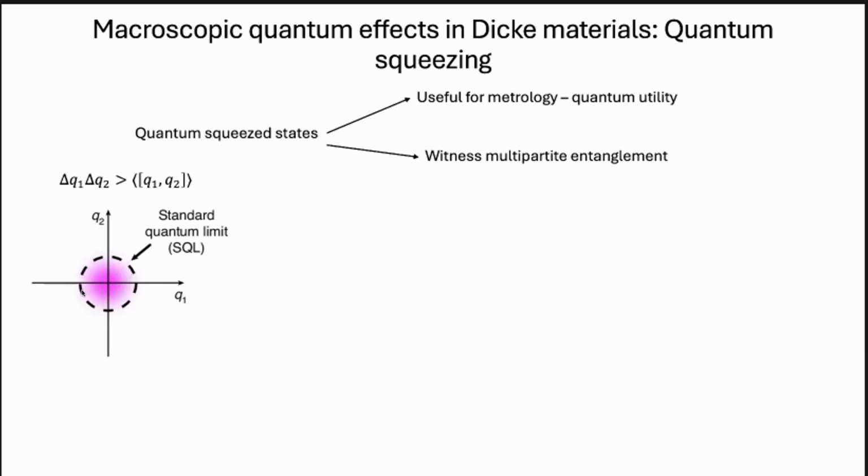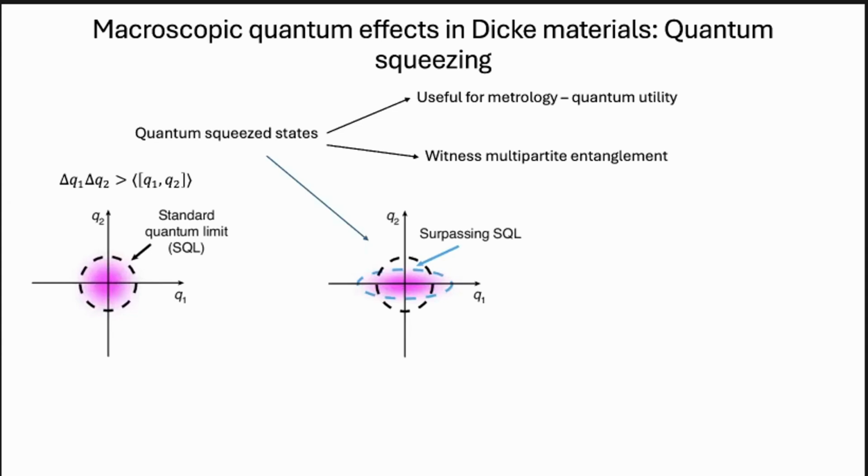This circle shows that there's equal uncertainty in measuring both of them, which is limited by this uncertainty principle. But one can circumvent that in a clever way: if you prepare a quantum squeezed state, you can deform this uncertainty circle into an ellipse. What happens is that the uncertainty of measuring the Q2 observable is lower, but at the expense of increasing the uncertainty in measuring the other, conjugate observable, Q1.